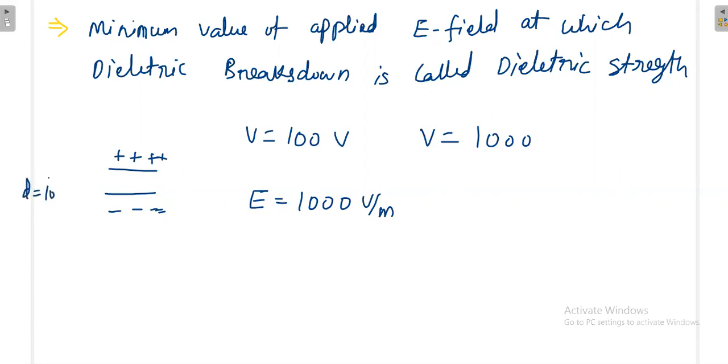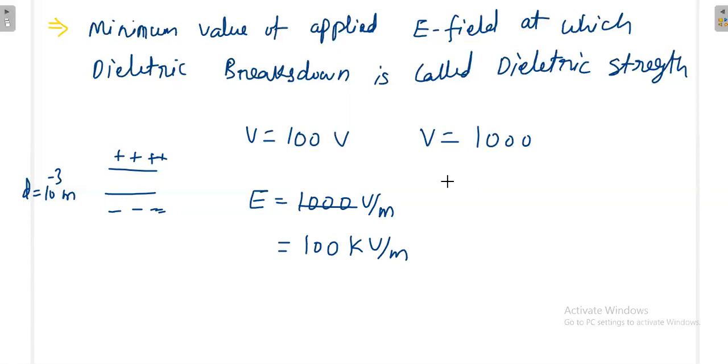For simplicity, I am taking D as 10 power minus 3 meter. Then the electric field would be 100 kilovolt per meter.